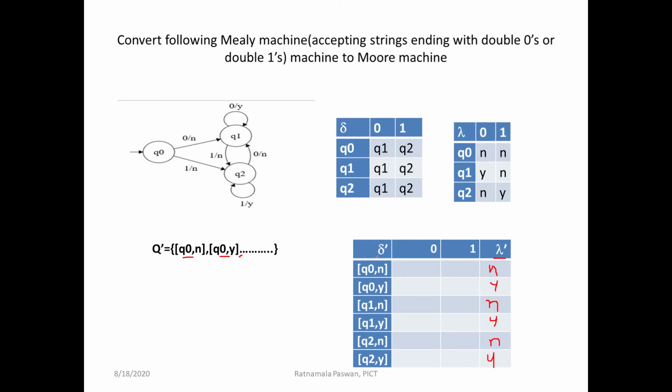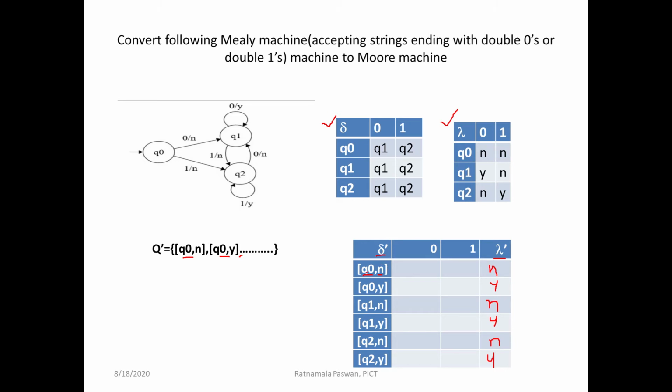Now to find the state function, we will take the help of two functions: the state function and the machine function of the given Mealy machine. From these two tables, it's very simple. Let me tell you one entry, how to find this delta dash. Let's look at the state Q0 and output symbol N. But we are not looking at the output symbol.